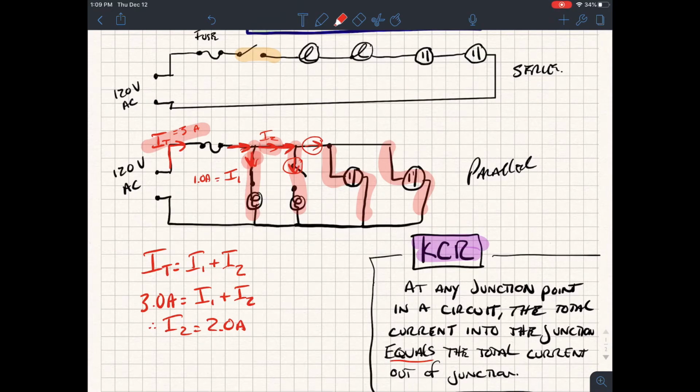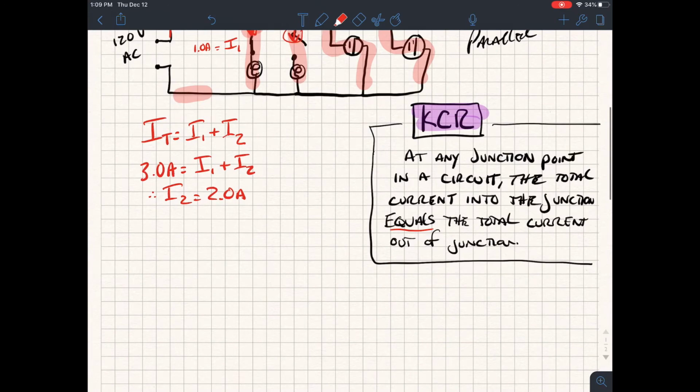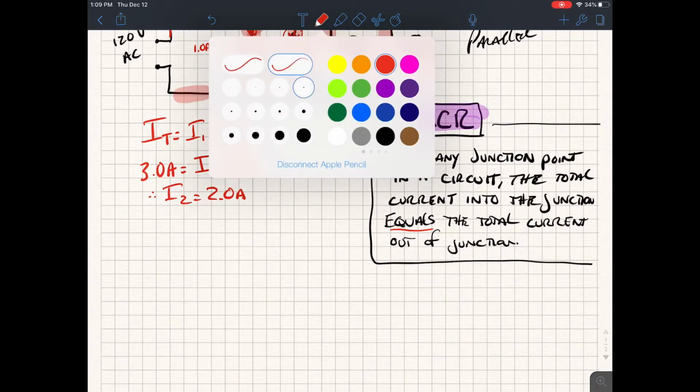And if we measure that current at this position, it should also equal 3 amps. That is Kirchhoff's current rule. Every junction there is, the current going in has to equal the total current going out in each of the arms.